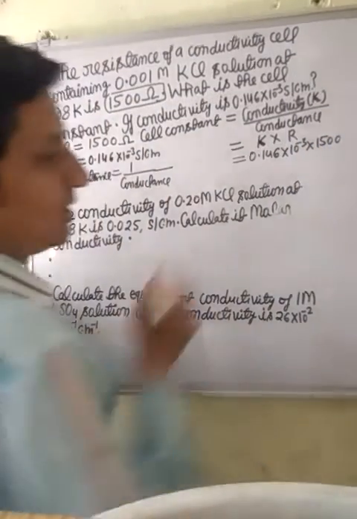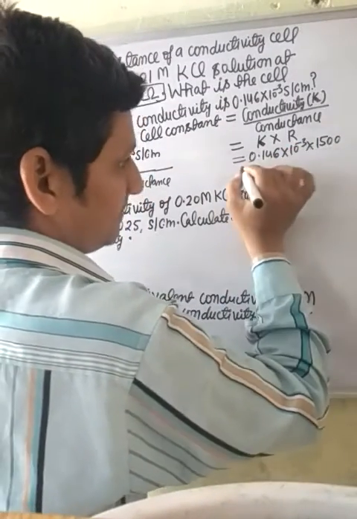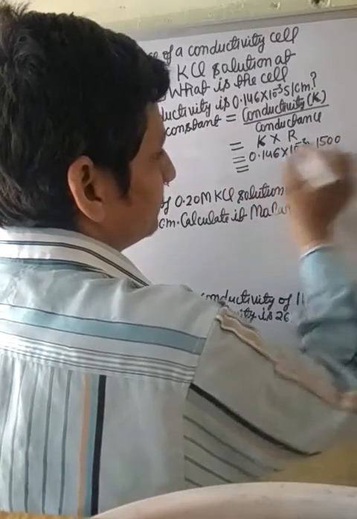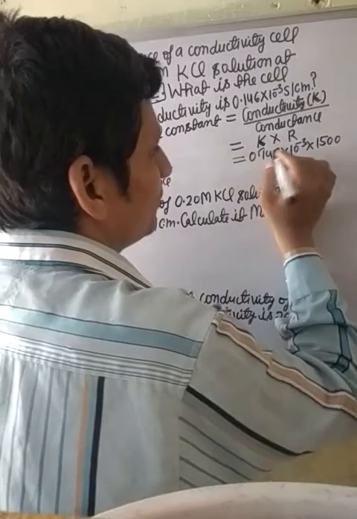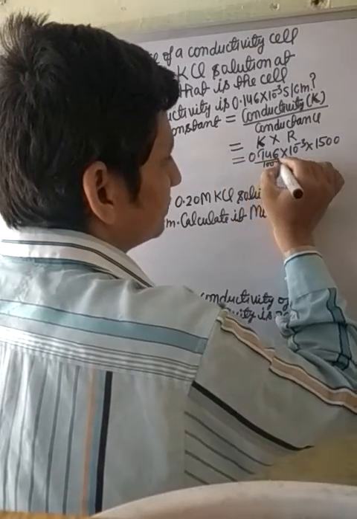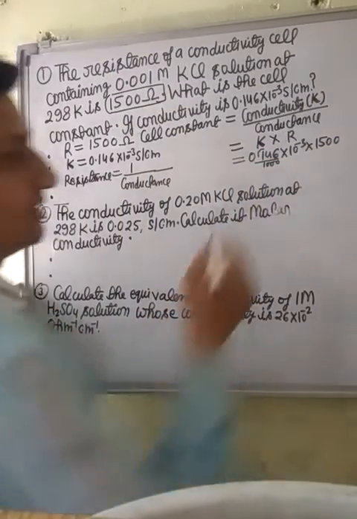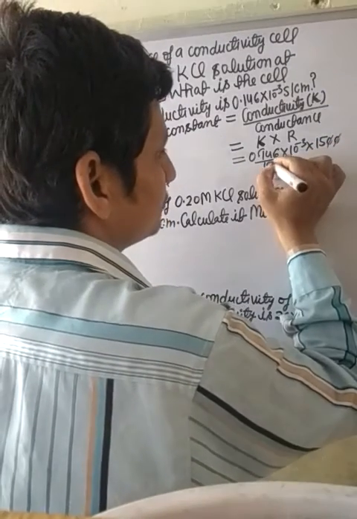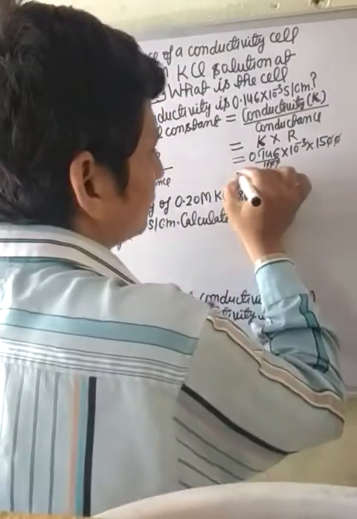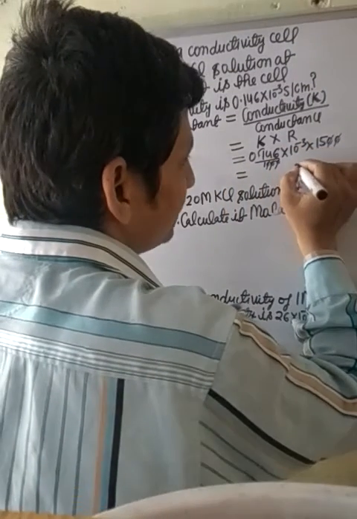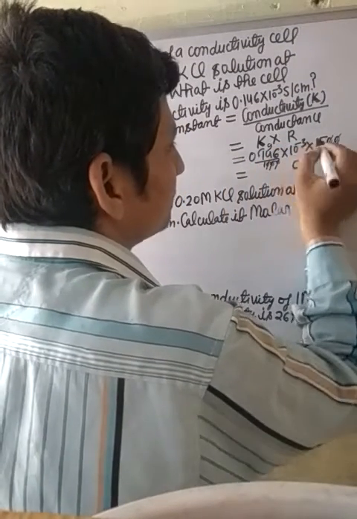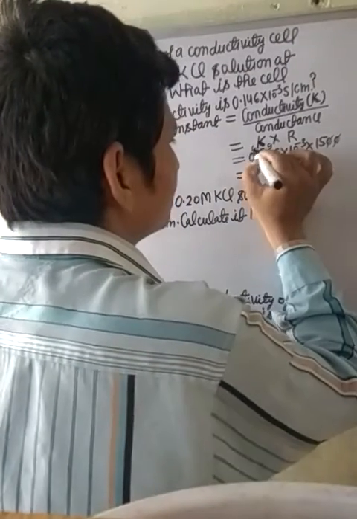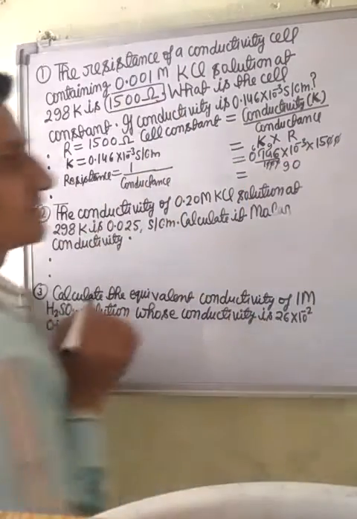Okay student, now we have to solve it. 10 to the power minus 3, 0.146 into 1500. Remove this point, then three zeros increase downward in the denominator, and after this the zeros cancel. 15 times 6 is 90, carry 9. 15 times 4 is 60, 60 plus 9 is 69, carry 6. 15 times 1 is 15, 15 plus 6 is 21.